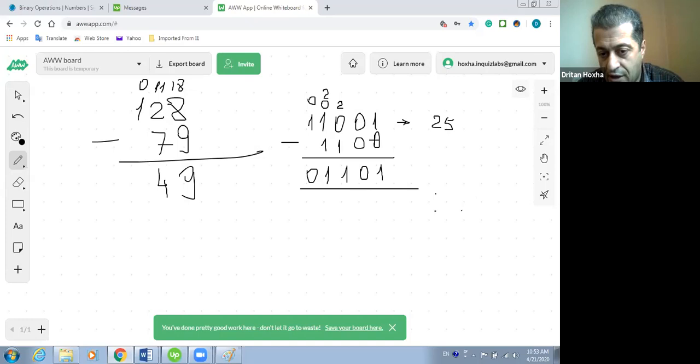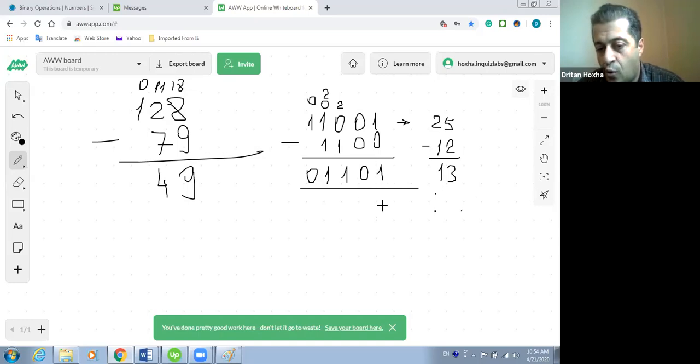Here we have 0 1's plus 0 2's, it is 0, plus 1 4 and 1 8. 8 plus 4 here are equal to 12. We have to subtract 25 and 12. The result is 13. Let's see if this number corresponds to 13 or not.